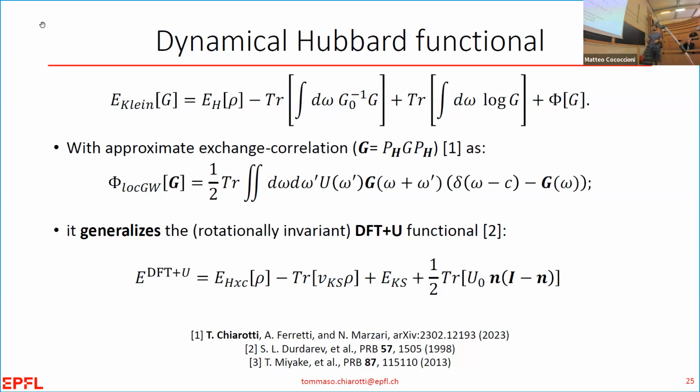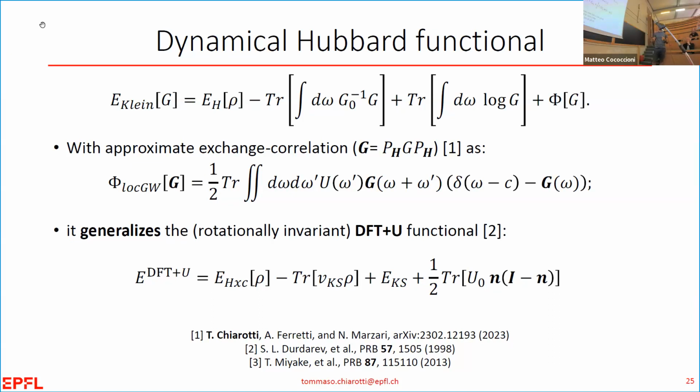So again, if the screening is static, this goes back exactly to the DFT+U functional that Matteo and Yuri explained. And so this functional has the promise to work well for total energy because it's just an extension, just a generalization.